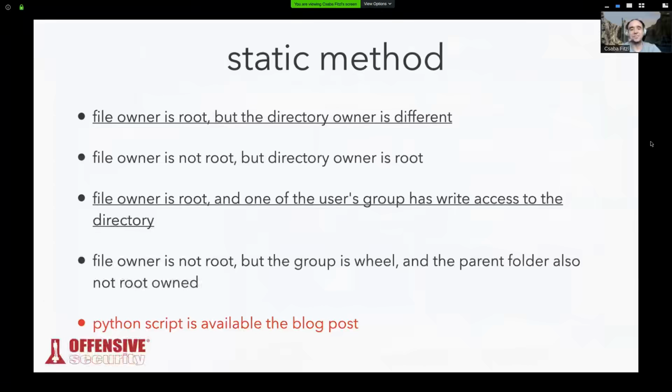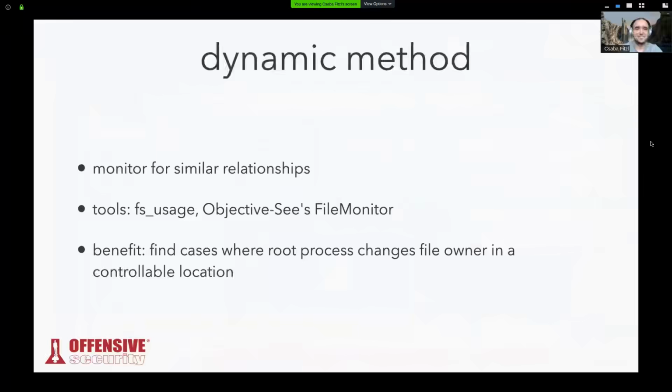And then the parent folder is also not root owned, so you likely can do something with that file and maybe gain access to the wheel group. It's not so significant, but could still be interesting. I have a Python script scanning for this combination. It's up on my blog post, where all this is discussed.